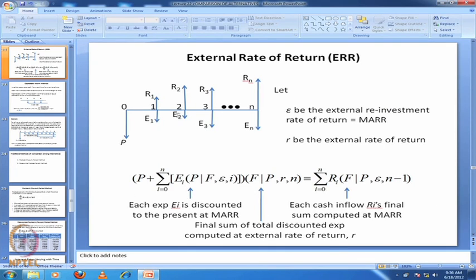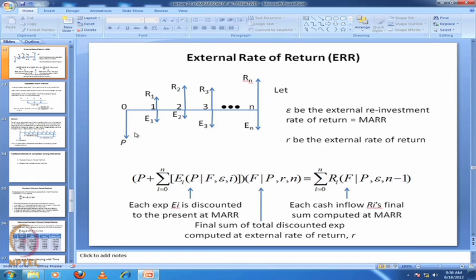So, all these are discounted to the present, plus there was an initial investment P. That is the total investment made by the company, and the equivalence is then found out at the end of the nth year, multiplying by the single payment compound amount factor F given P, r, n. So, r is taken here, whereas the discounting was made at the rate of MARR. We are interested to find out the external rate of return r.